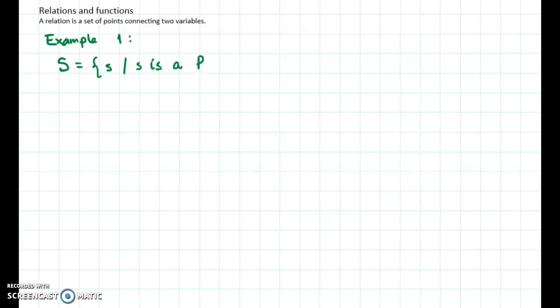So S such that S is a pre-IB student. You may know that that set has 63 elements, so we can write cardinal of S with this notation or even with this notation. There are 63 elements in that set, and that's going to be one of my variables.